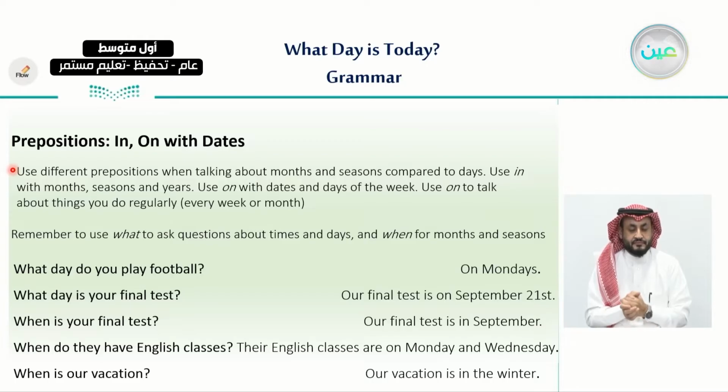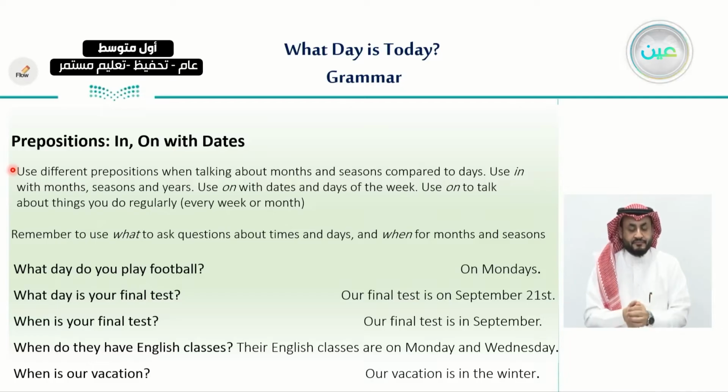So in, we always use it with months, seasons, and years. For example, we say in January, in 2020, in the winter. So we use in only for months, seasons, and years.